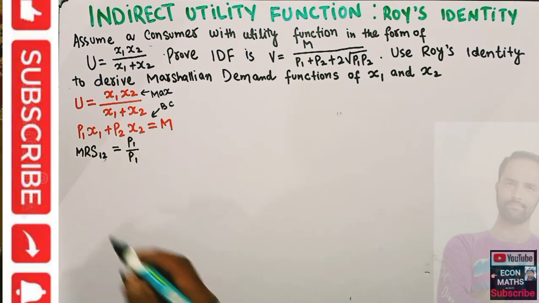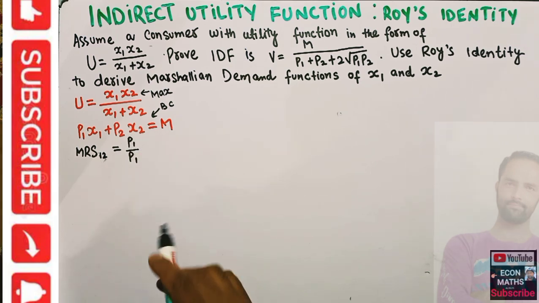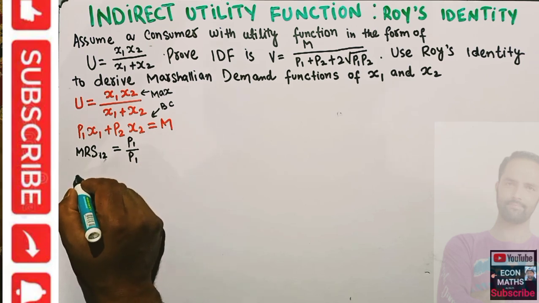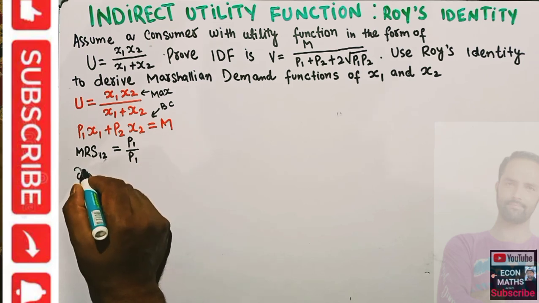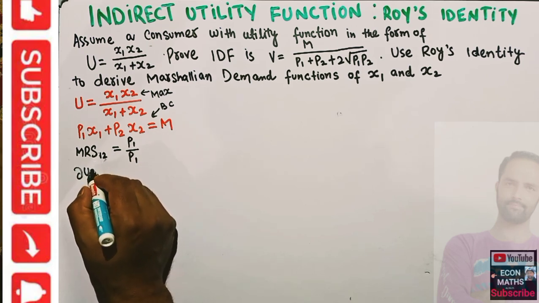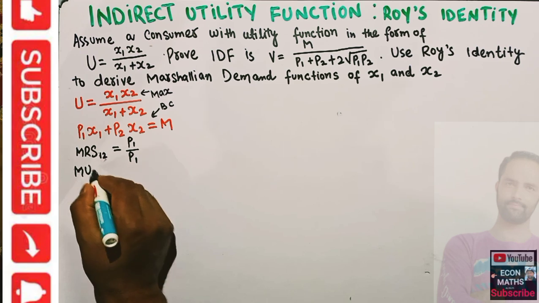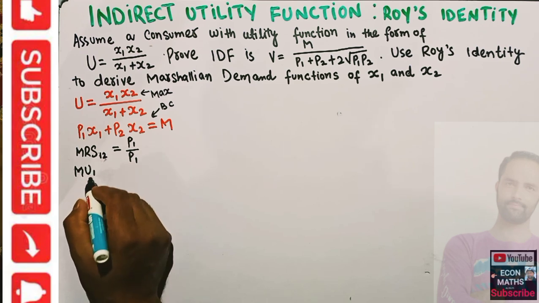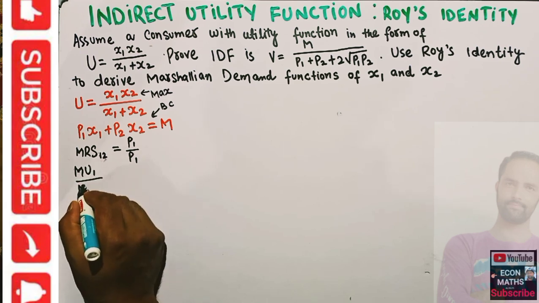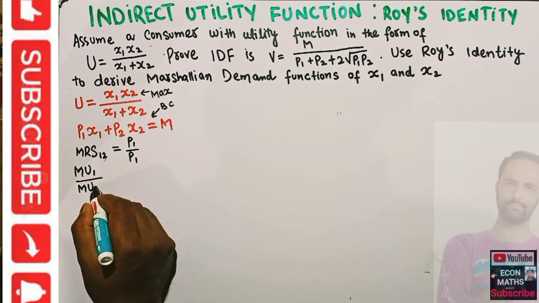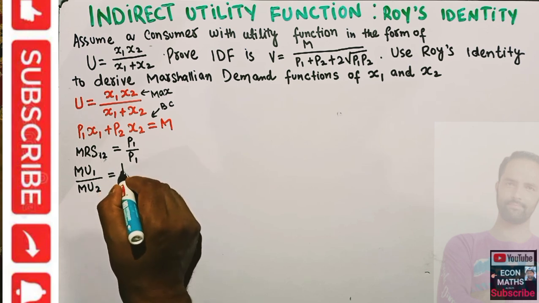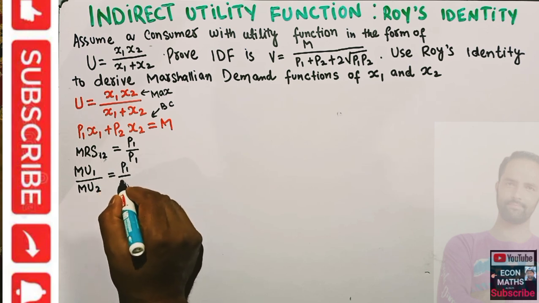The marginal rate of substitution is nothing but the marginal utility of good x1 upon the marginal utility of good x2, which should be equal to p1 upon p2.